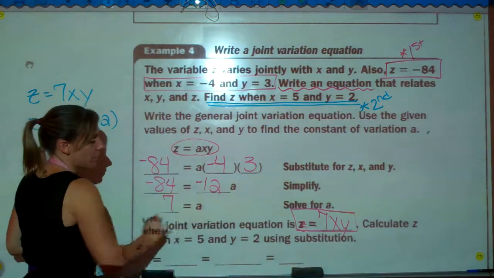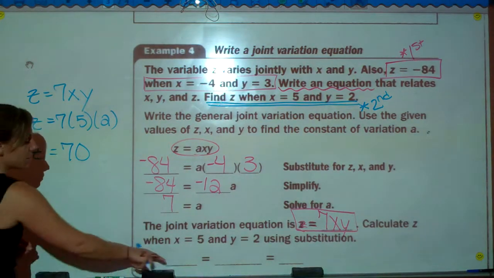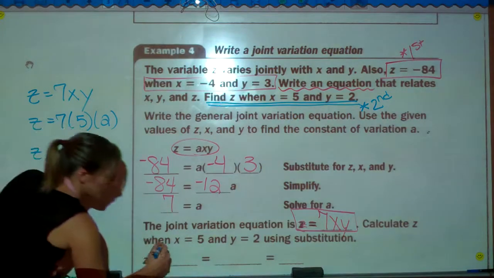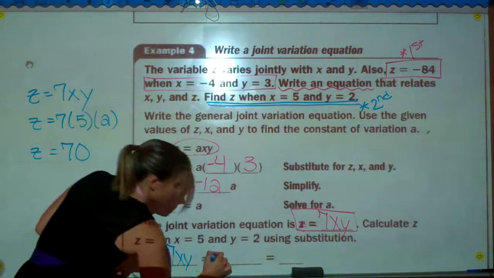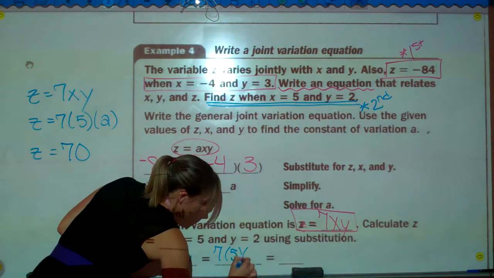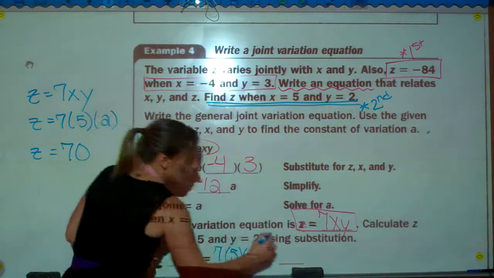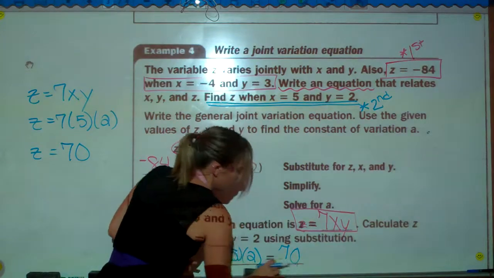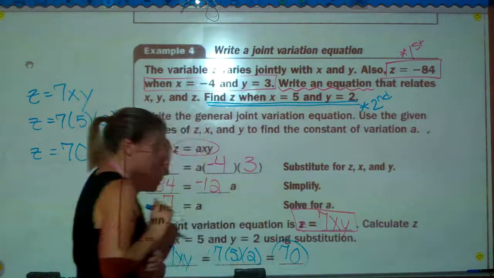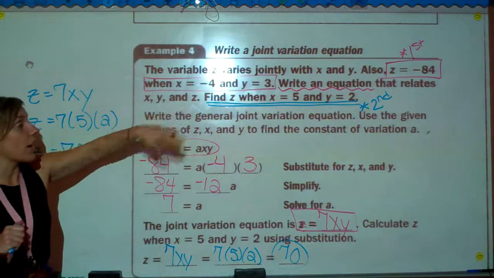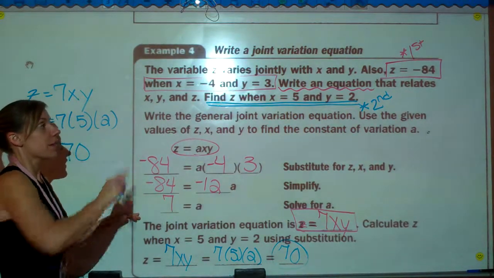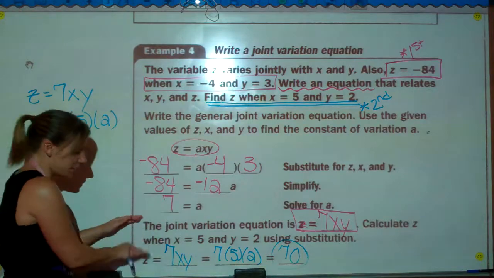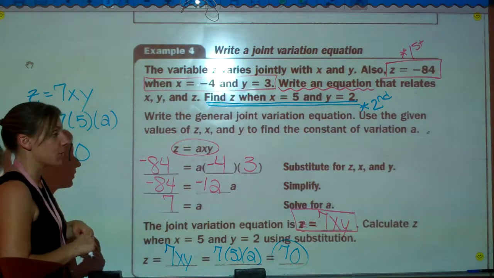So when x is 5 and y is 2, using substitution, z equals 7xy, which means that 7 times 5 times 2, and that comes out to a 70. So there's the answer to the final question, but we took it in parts. This is part 1, that's why I wrote it in pink, and then this is part 2, that's why I wrote it in blue. Okay?